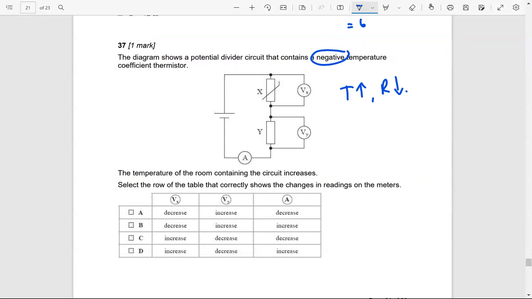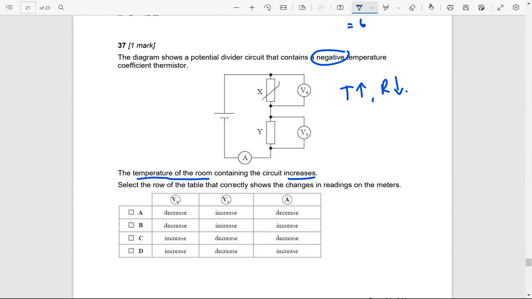So we've got the thermistor at X, and then we've got a fixed resistor at Y, and then it's saying what's going to happen. The first thing that we need to know is what's going to happen to the temperature. It says the temperature of the room increases.